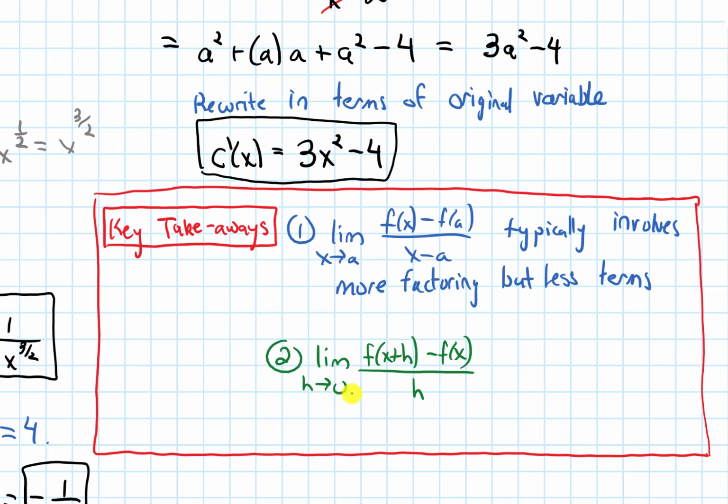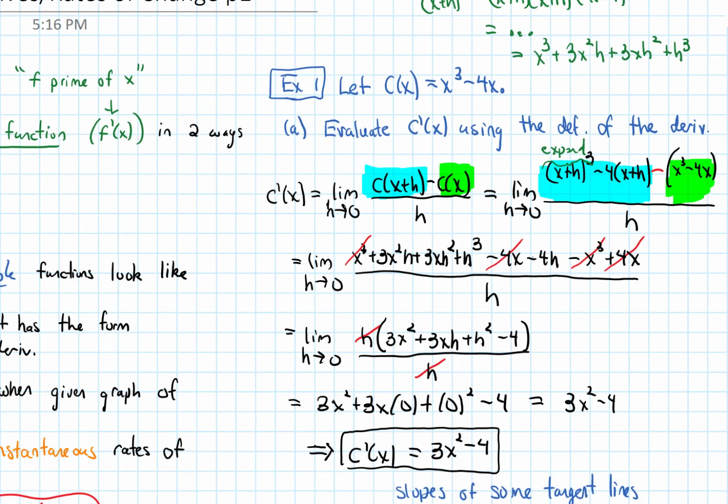Whereas if you do use the limit as h approaches 0, here was our work for that problem. Notice that there were a lot more terms because I had to expand stuff, but the factoring was easier because I just factored out an h.